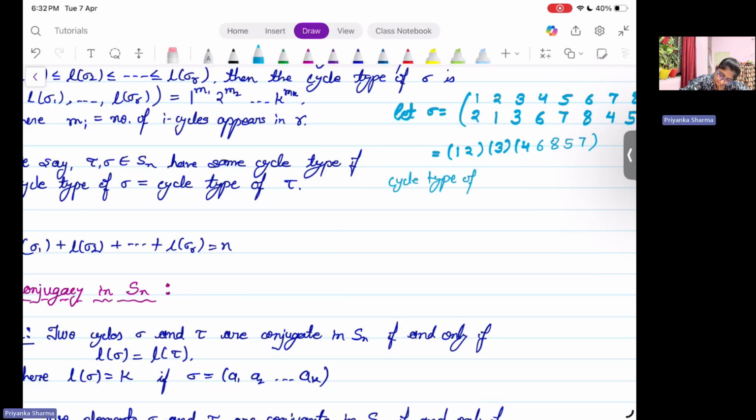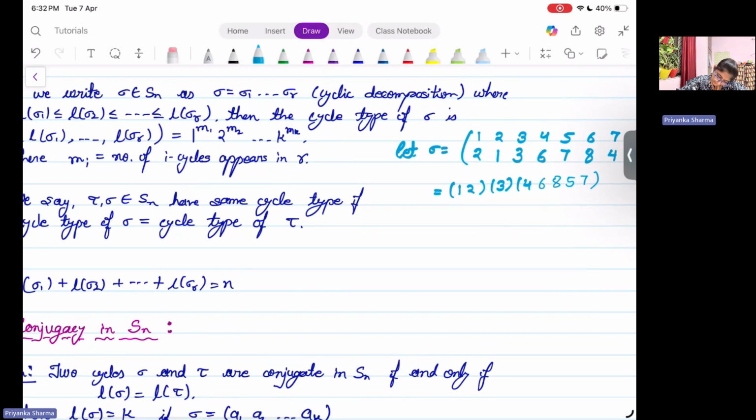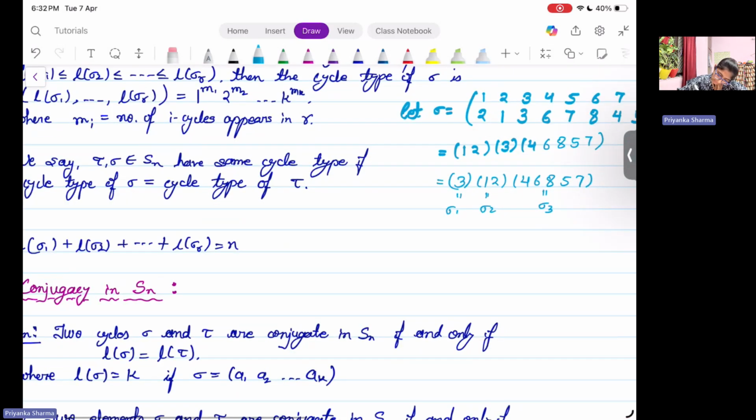The cycle type of sigma will be, first we will reorder this. Say this is 3, 1 2, 4 6 8 5 7. So this is sigma 1, this is sigma 2, this is sigma 3. And length of sigma 1 is 1, length of sigma 2 is 2, and length of sigma 3 is 5.